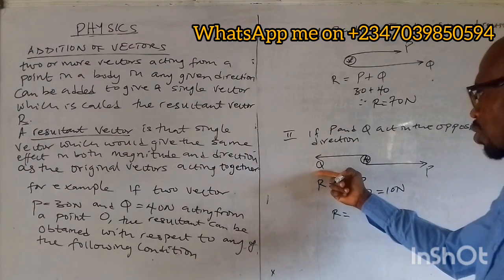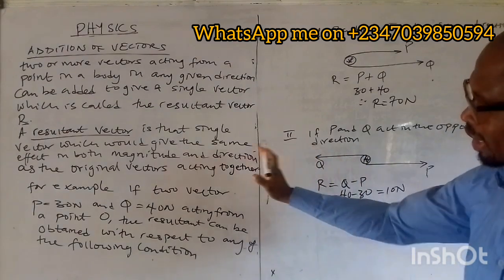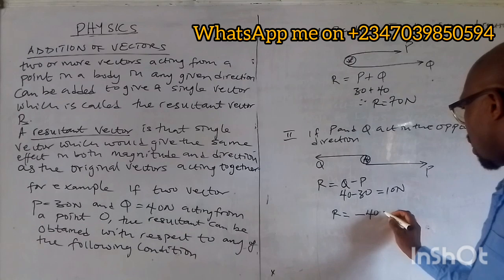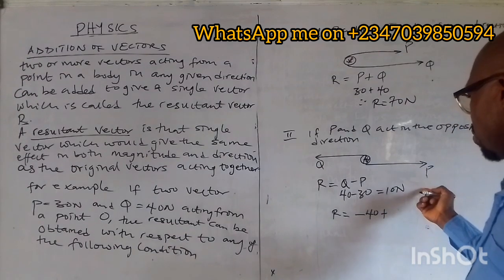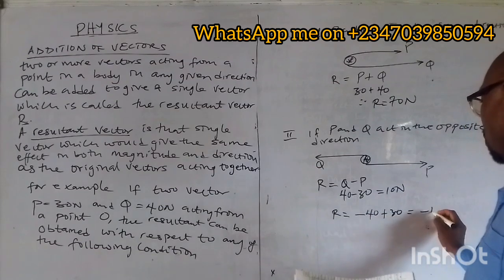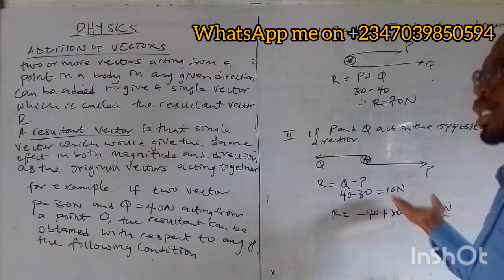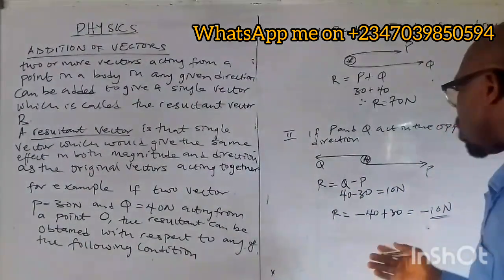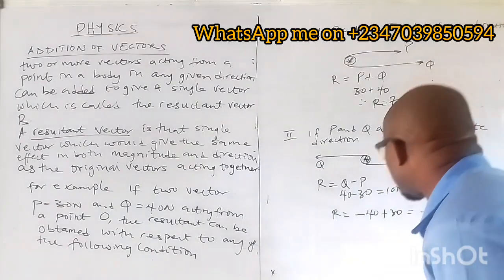If you pick this value first, which is 40, and of course here is negative, you can say minus 40 plus P. P is 30, which will now give us minus 10 Newton. And it's still obtainable. It can be obtained in either of the two scenarios.